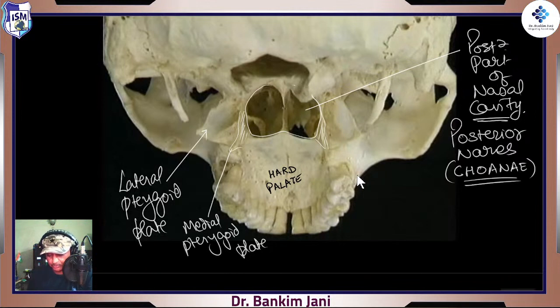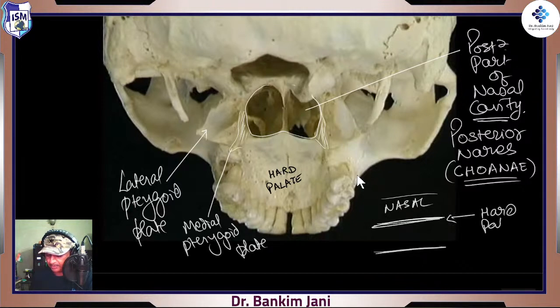So there is a nasal cavity, there is the hard palate, and then there is the mouth. The nasal cavity is over here, this is the hard palate, and this one is the mouth. So it makes sense when we say that the hard palate forms the roof of the mouth and the floor of the nasal cavity.